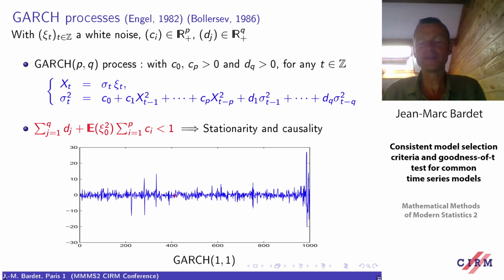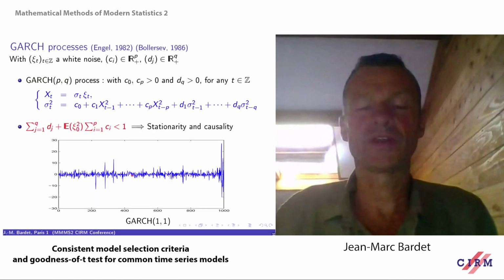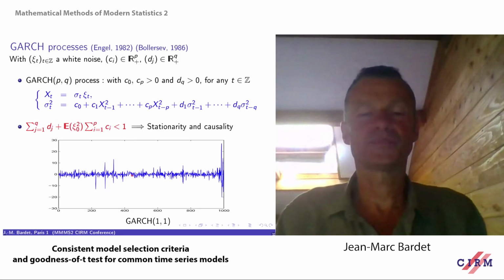And when you begin to have large values, for instance here, you have more chance to have large values for xt. So this graph is closer to the graph of log returns of Standard and Poor's we used as an example.